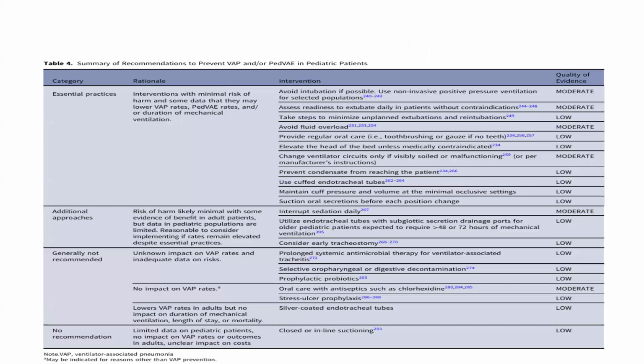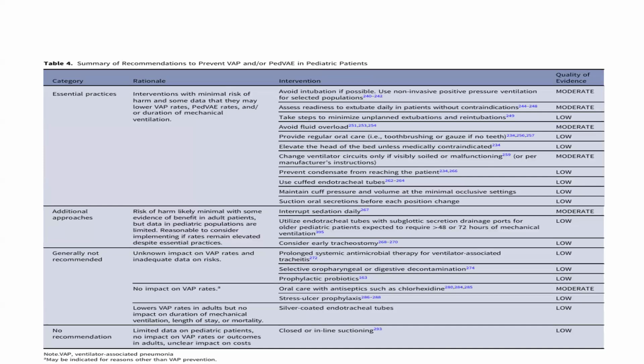So if we summarize these recommendations, the first one is avoid intubation whenever possible. Use NIV for selected populations. Then we need to assess the readiness for extubation daily without contraindication. Then take steps to minimize unplanned extubation and reintubation. Avoid fluid overload. Provide regular oral care.